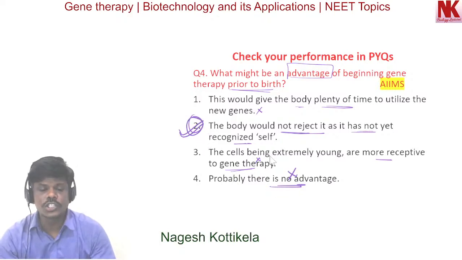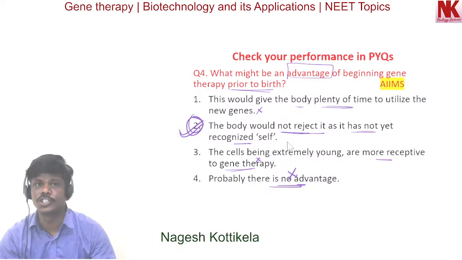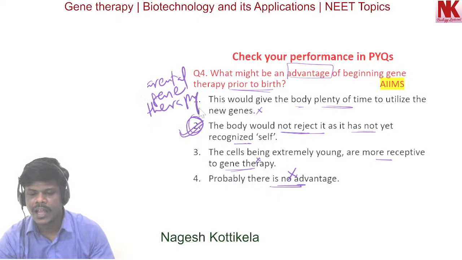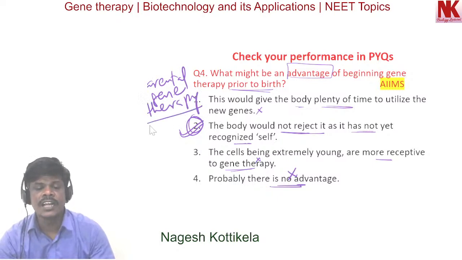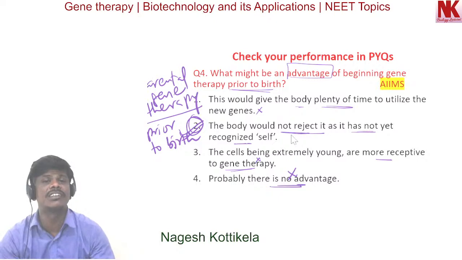The immune system destroys cells expressing the newly inserted genes, but the parental gene therapy that we discussed here, or gene therapy prior to birth, overcomes this problem as the body does not reject them, because recognition of self and foreign is not developed at this stage.